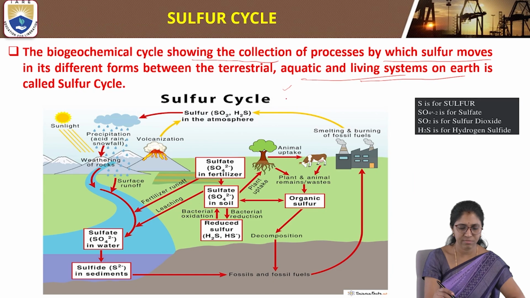If we see the sulfur cycle, the atmospheric gas sulfur dioxide comes from factories and from the burning of fossil fuels.